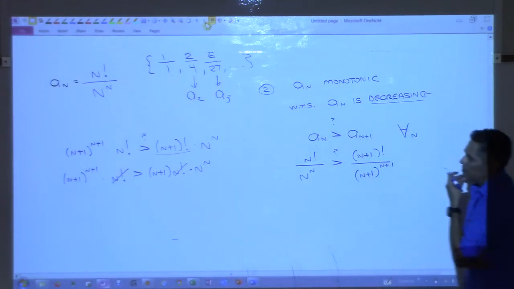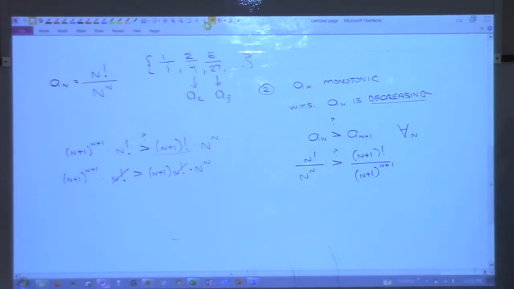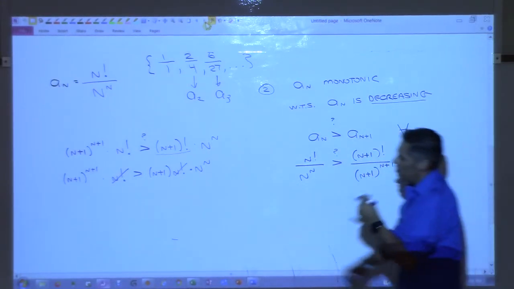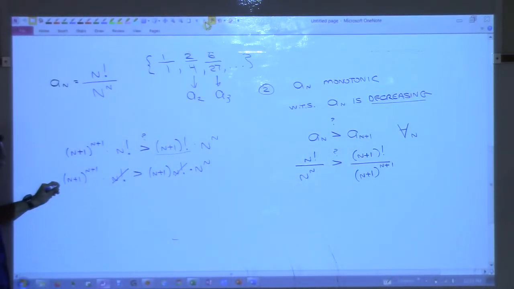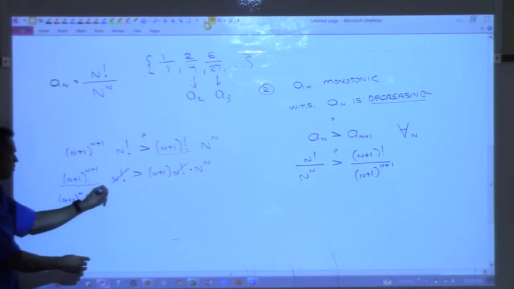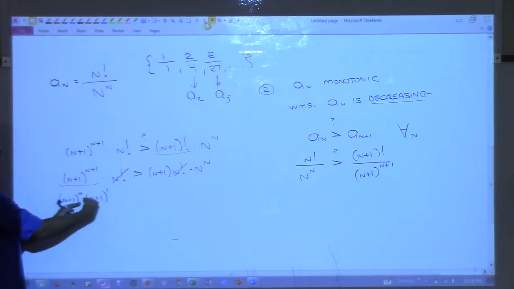Does anyone else see what else we can do? This n plus 1 right here could be rewritten how? (n plus 1) to the n times n plus 1, right? Because that's to the first power. If you put these back together, you would get this.